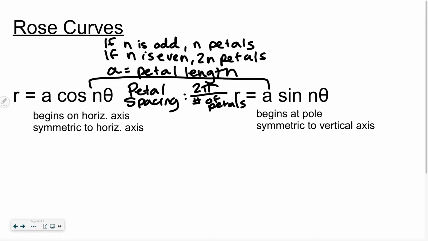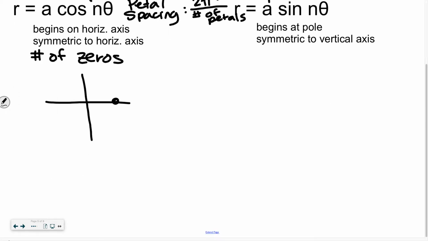In terms of numbers of zeros, I'm going to draw a rose curve with 4 petals that follows the cosine rule. It would start on the horizontal axis. It could start right or left depending on if it's positive or negative. And as I draw my petals, think about how many times I'm going to cross my pole.